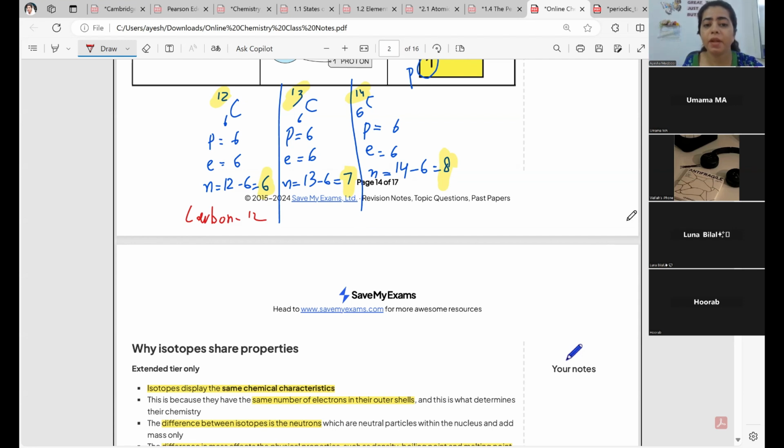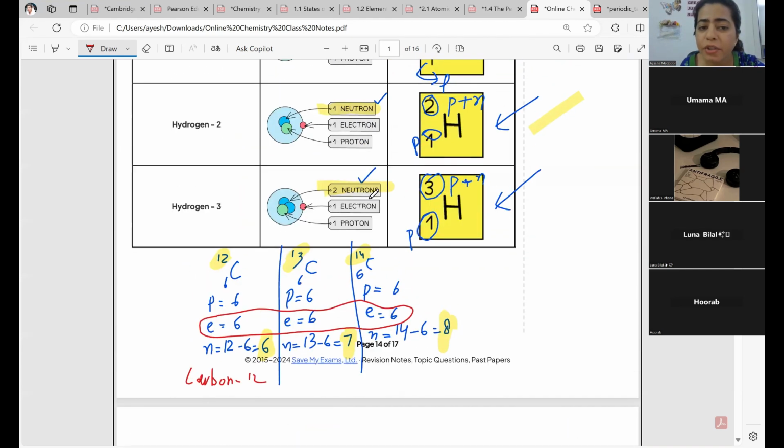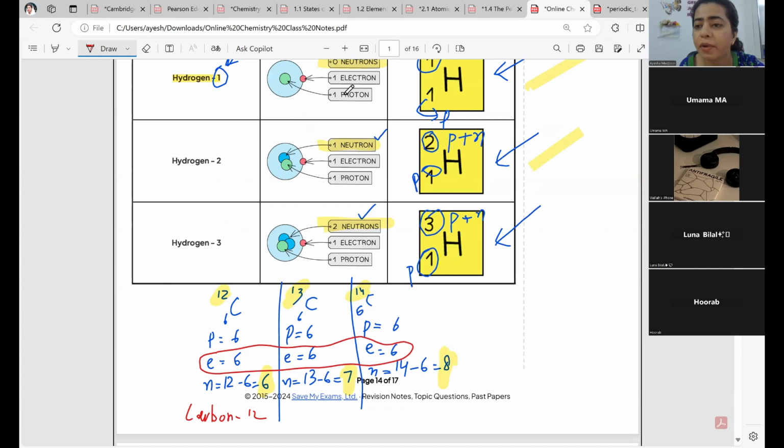Okay, now talking about the properties. All these three isotopes of carbon, if I check, they have the same number of electrons, right? Even if I check the three isotopes of hydrogen, they also have the same number of electrons because they belong to the same element.